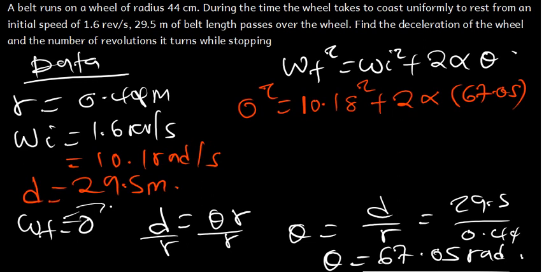So I'll shift this to the other side. I'm going to have negative 10.18 squared equal to 2 times 67.05 alpha. So this is going to give me 134.1 alpha.